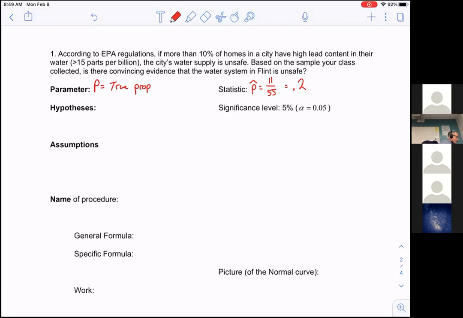The true proportion of homes with high lead, greater than 15 parts per million.